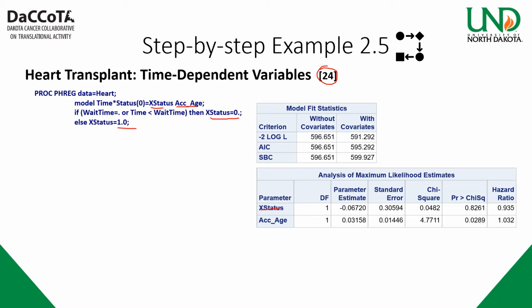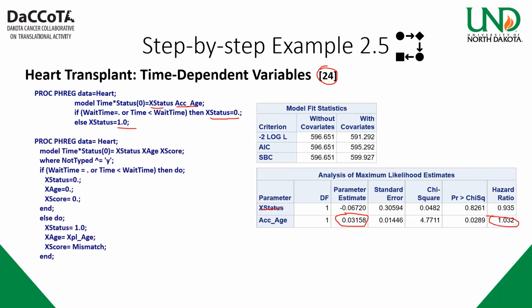It's positive, so as accelerated age increases, so does the hazard ratio, just a little bit. We can also do this with more variables, for example, we can add X status, X age, and X score. So in this one, accelerated age was not actually time dependent. I made a misstep there.